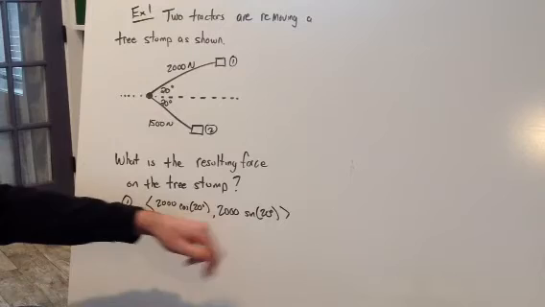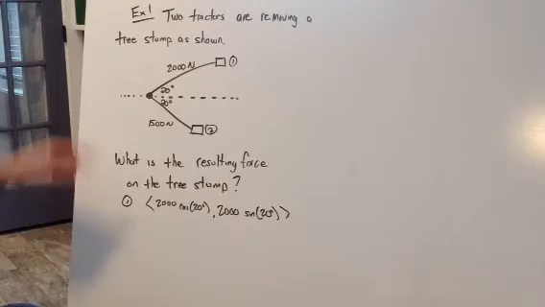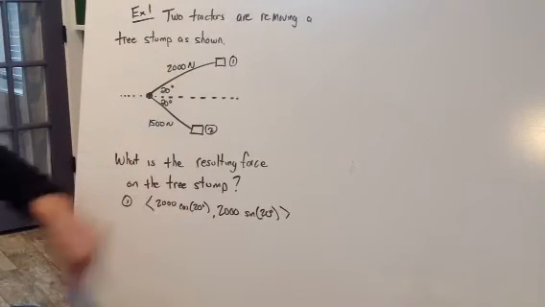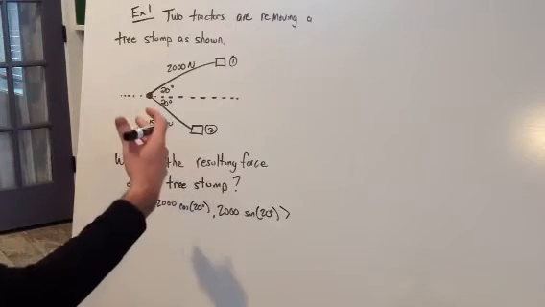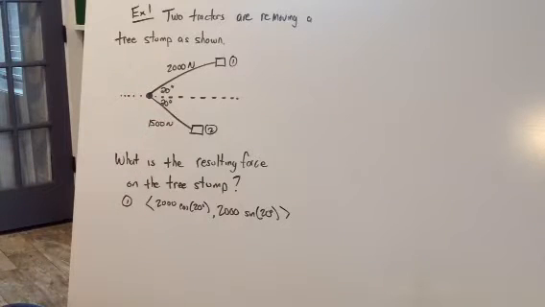You should recognize that from earlier in the week. Take the magnitude times cosine for the x component and sine for the y component. One thing you'll notice is now we're working in degrees. Make sure your calculator mode is in degrees and not radians, or you're going to get some different answers.